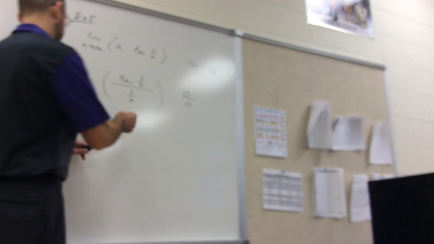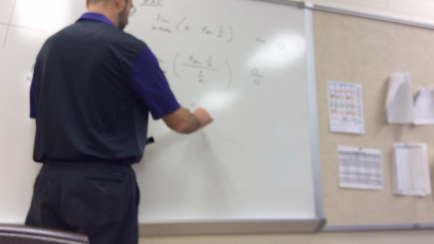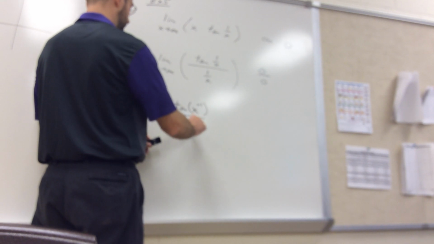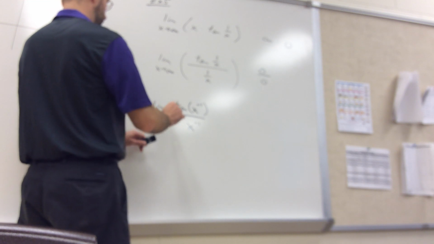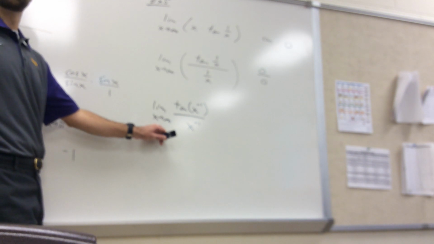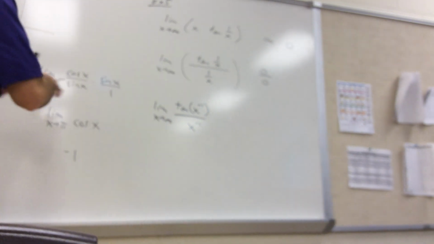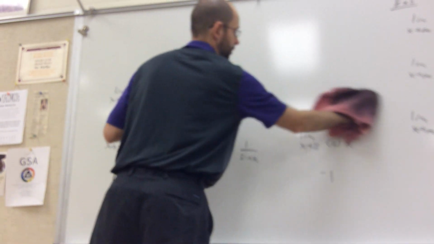Okay, so to make this easier, I'm going to rewrite this as tangent of x to the negative 1. That's what 1 over x is. Still 0 over 0. I didn't change anything, just rewrote it.